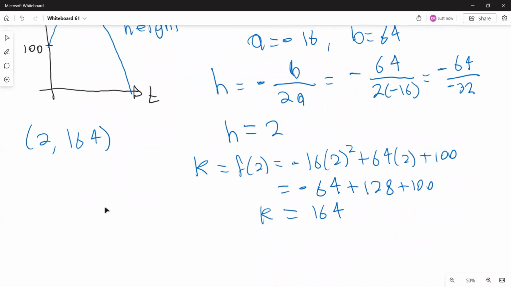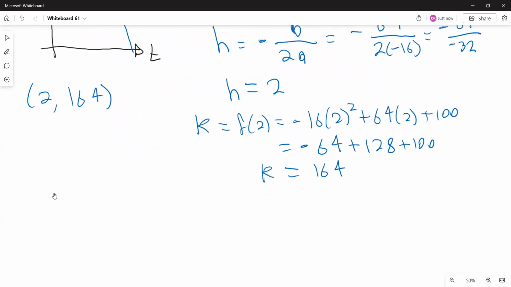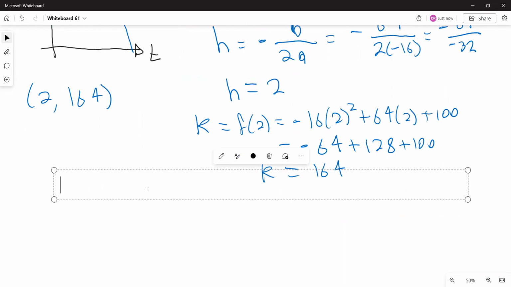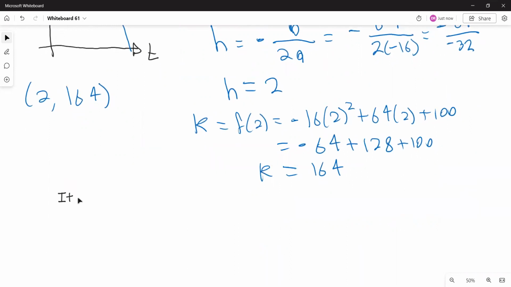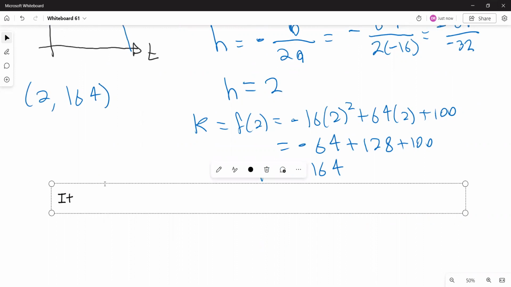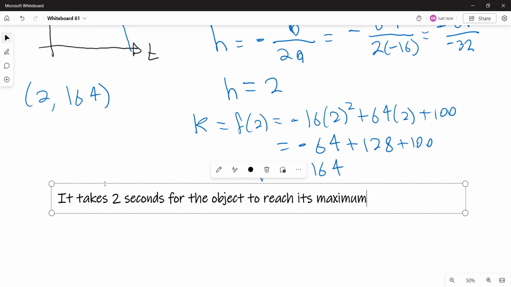It takes 2 seconds for the object to reach its maximum height. And the maximum height is 164 feet.